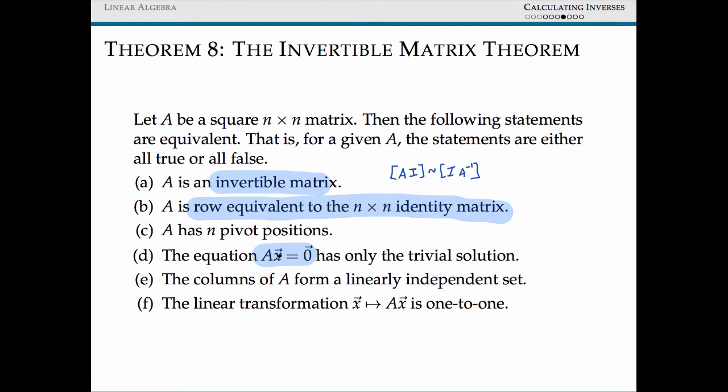So any equation of this form, where we have a homogeneous equation, has only the trivial solution. And on that same note, since these are equivalent things that we've already seen in earlier videos, the columns of A being linearly independent is equivalent to the homogeneous equation having only the trivial solution. So all 3 of these are things that we've looked at before in other classes.